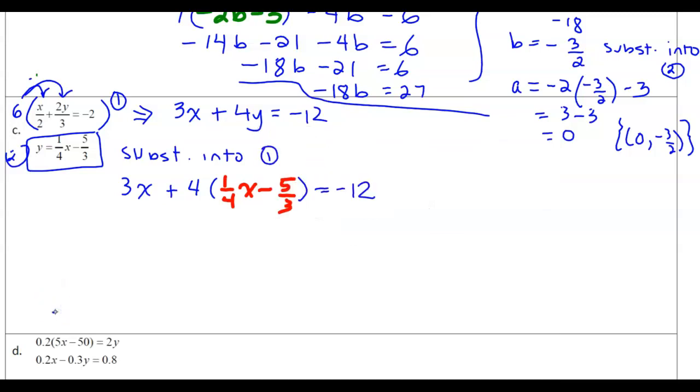Okay. I might still have a fraction, right? But we'll deal with that as it comes. So here, when I multiply through, first term is good. 4 times 1/4 x is just x.